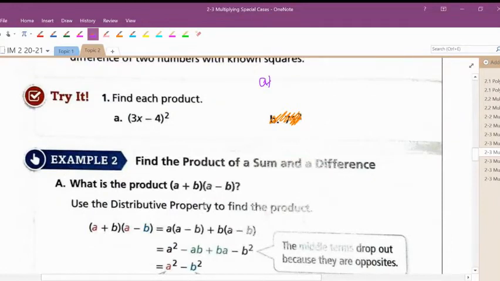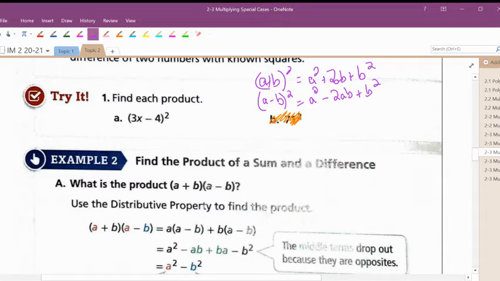So find each product. Again, we know that (a plus b) squared equals a squared plus 2ab plus b squared. Well, it also works for minuses. So (a minus b) squared is a squared minus 2ab plus b squared.